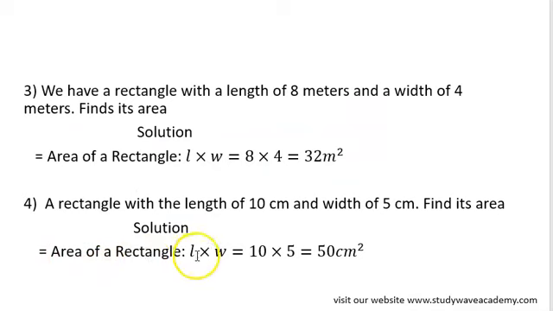So when we write out our formula, we input our numbers according to the formula. The length is 10 and the width is 5. So we have 10 times 5. And when we multiply 10 by 5, it's going to give us what? 50 centimeter square. Okay? Good. We're going to take more examples.